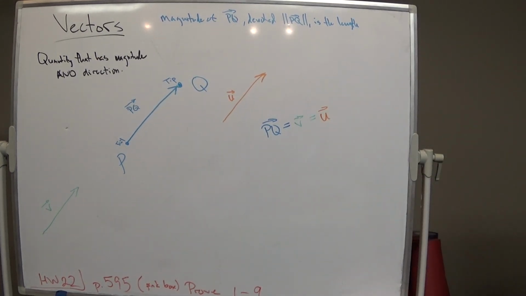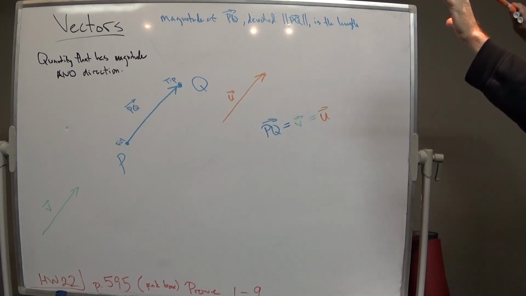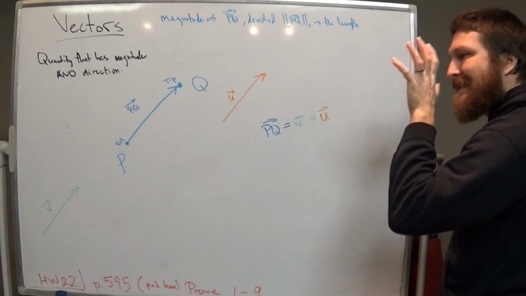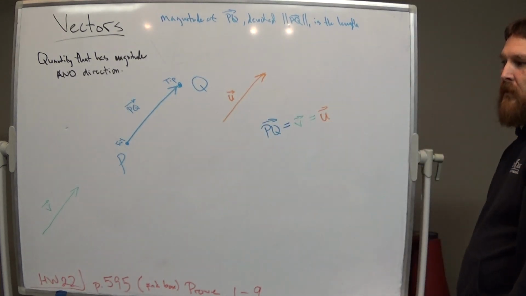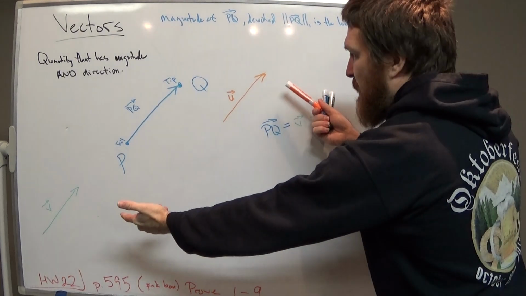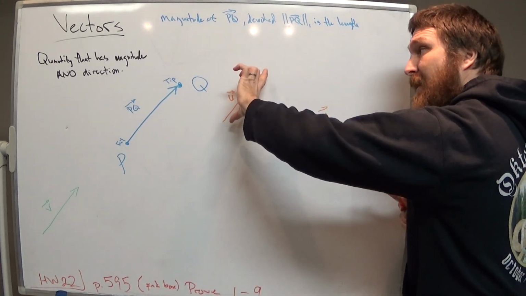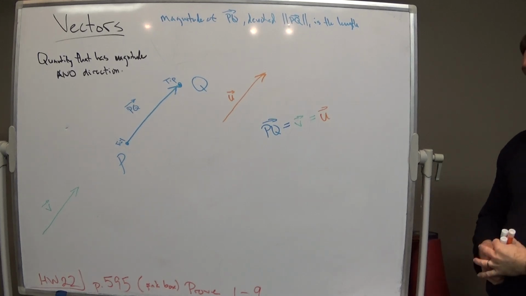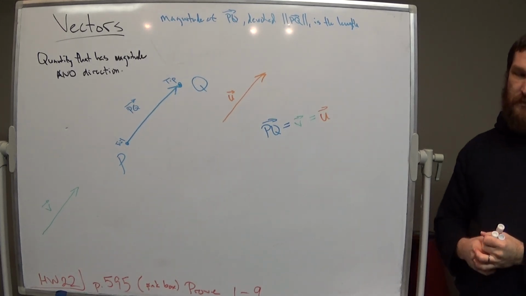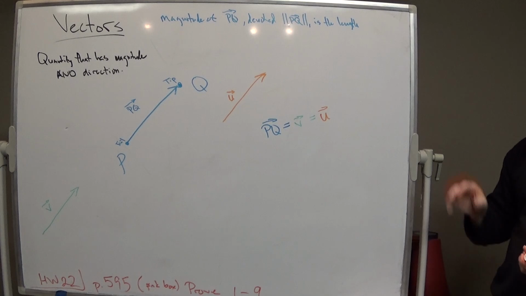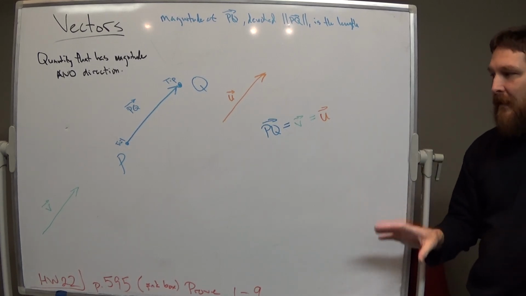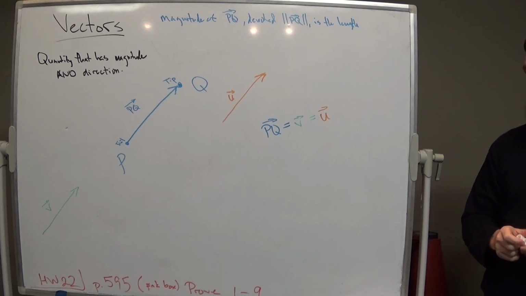So in other words, if you have a vector somewhere in space, you could take it and move it anywhere in the space, and it stays the same vector. So if you have two vectors in two different places, but they have the same direction and same magnitude, then they are equal. Now the thing is, we're not going to use this very much. This is what makes a vector distinct from other things that we've talked about in mathematics up until this point.